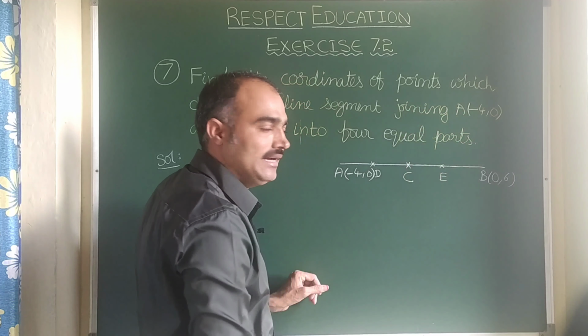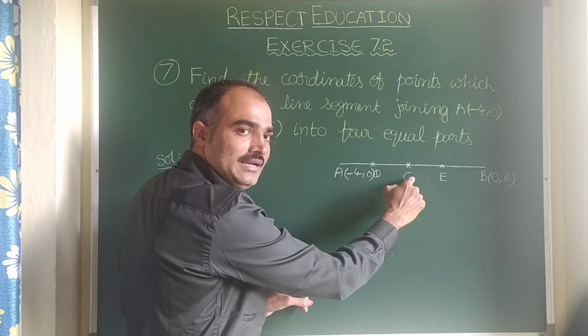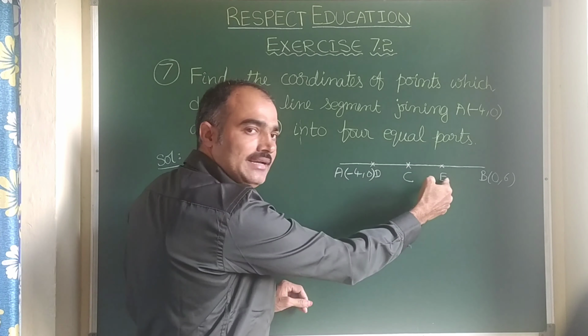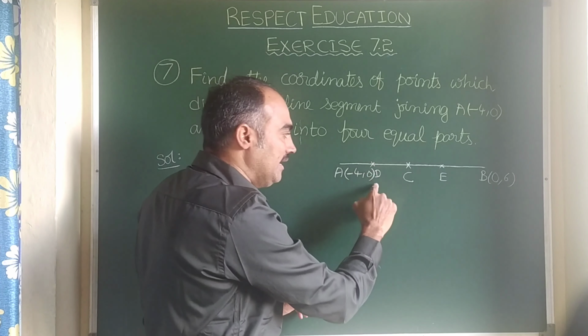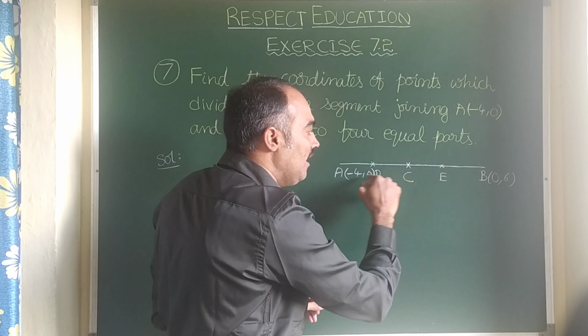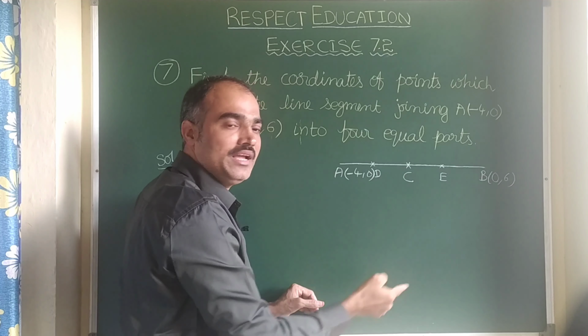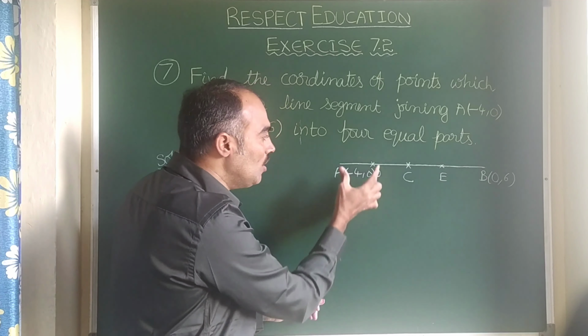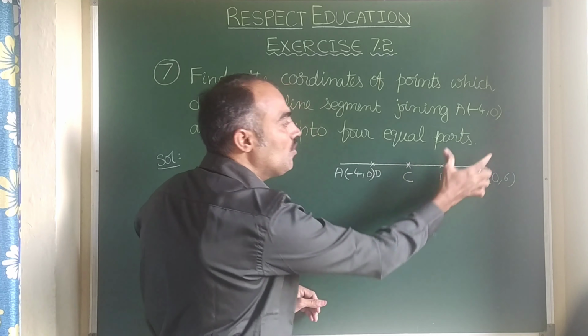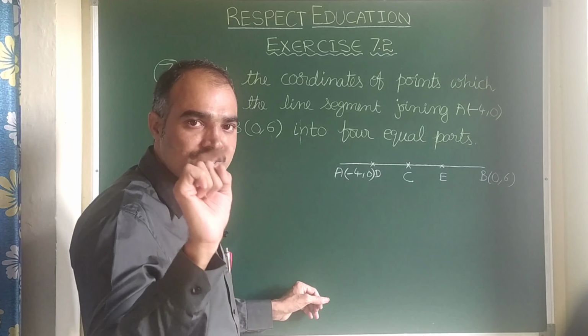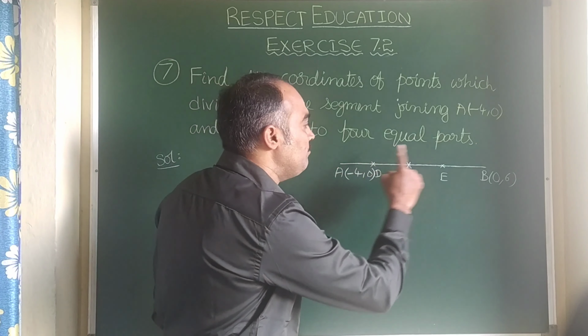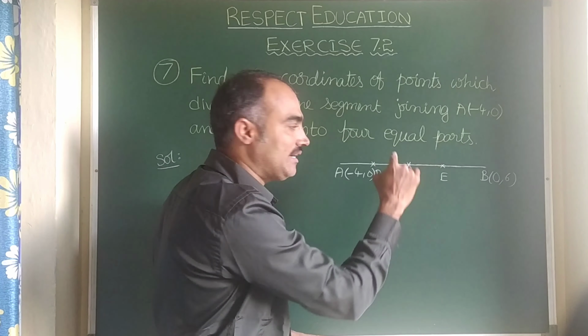That means the points D, C and E, in order, are the required points which divide AB into 4 equal parts. Now our first task is to find the midpoint of A and B, that is C.